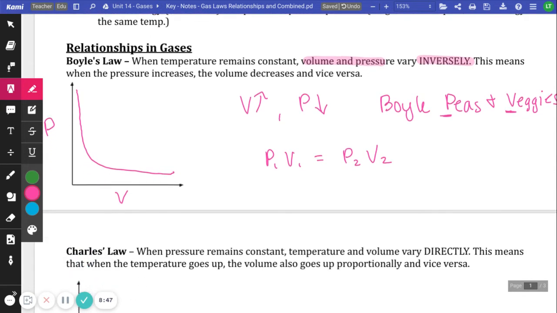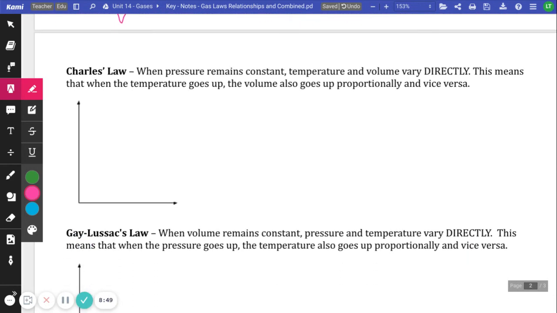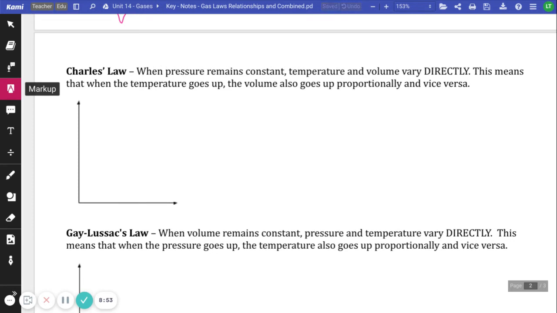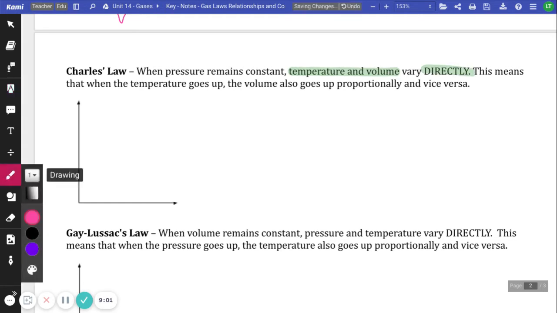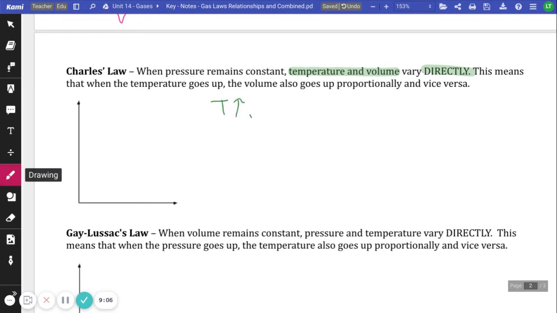Next, we have Charles' law. Charles' law is at constant pressure, and it tells us that temperature and volume vary directly. That means that if my temperature goes up, then my volume is going to go up.